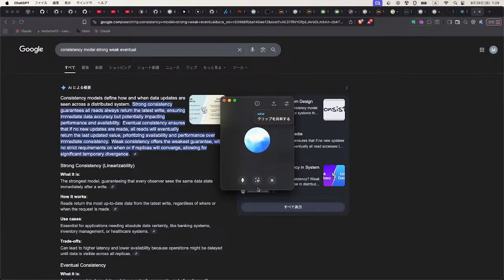Okay. So the next topic is real distributed systems. Let's think about the situation where node 3 is down. It means node 3 cannot communicate with node 1 and node 2. So when the client writes data on node 1 or node 2, they cannot synchronize the data to node 3.